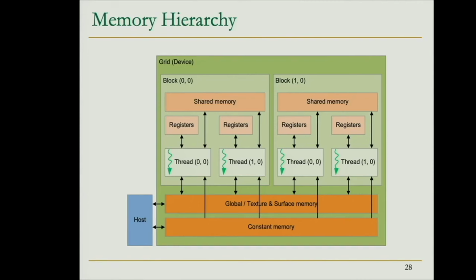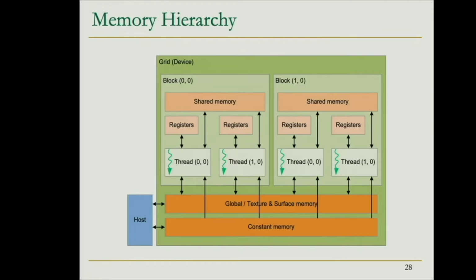From one thread, I can access my own registers, but in principle, I cannot access other threads' registers, but they can exchange data by using the shared memory. And all the threads running on the GPU can access data in DRAM, can access data in the global memory.